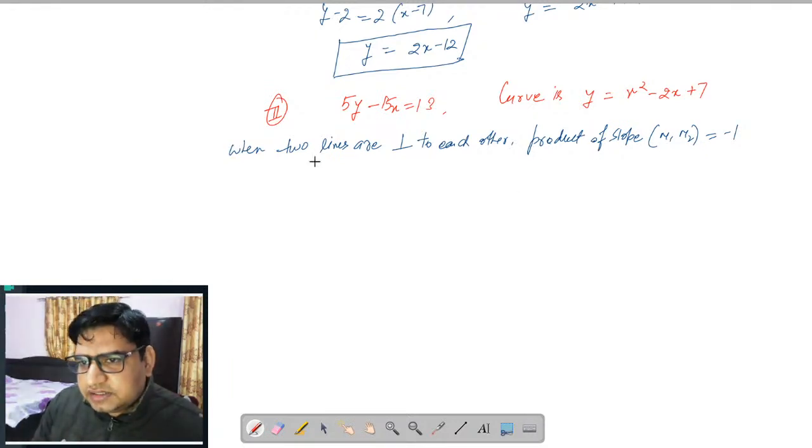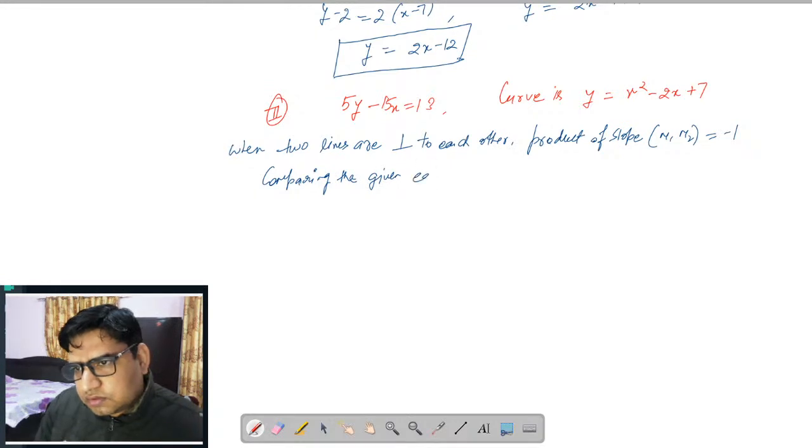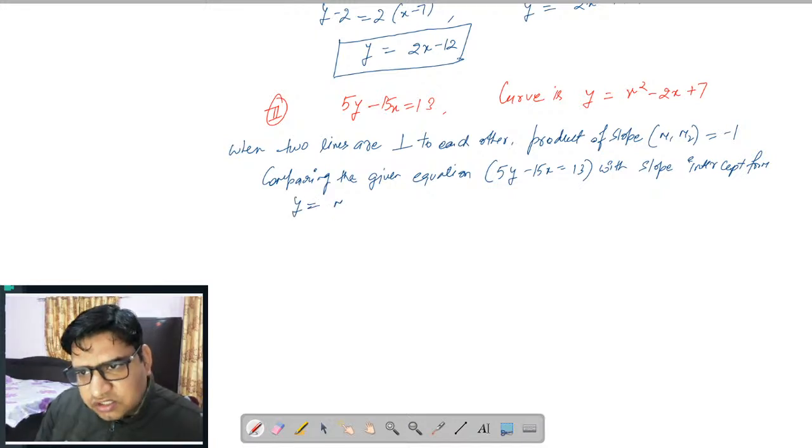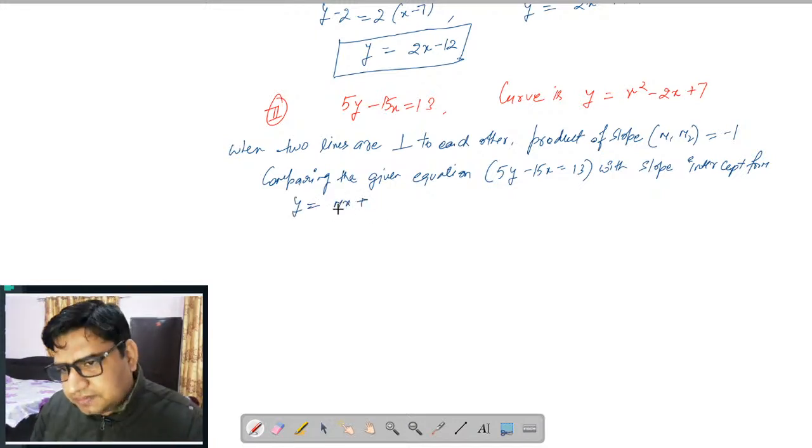Okay, and comparing the given equation 5y minus 15x is equal to 13 with the slope intercept form. The slope intercept form is y is equal to mx plus c.